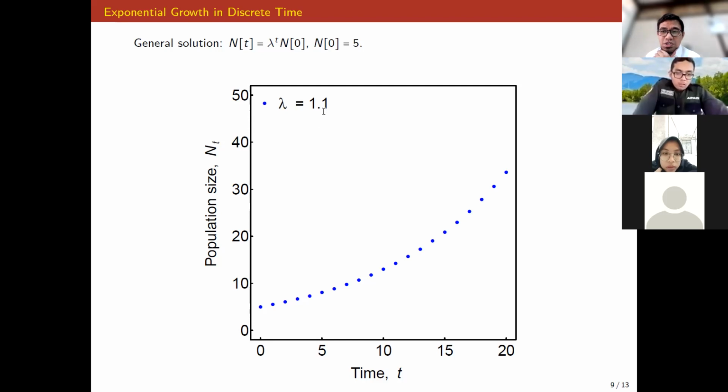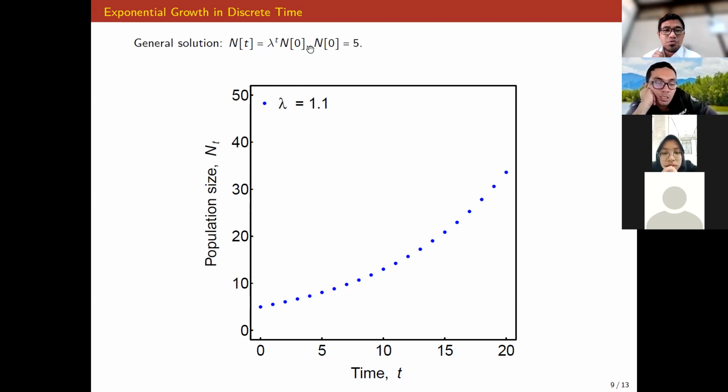Of course, the graph of these solutions depends on lambda. Let's calculate, for example, for lambda 1.1 first. So our next N at the next t will be like this.